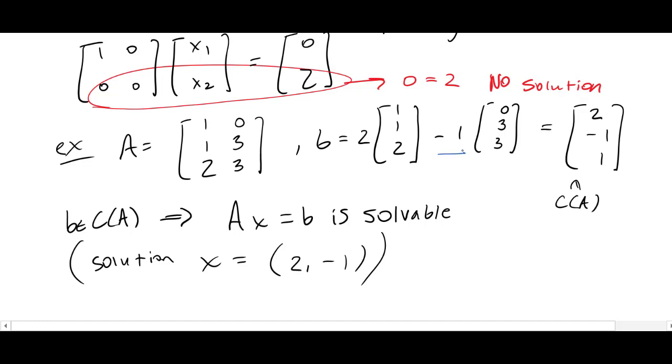I was just taking some random linear combination, just to give an example of something that's in the column space. If you have a vector that's in the column space, then you can solve this system Ax equals b. Gotcha. Do we have to define that 2 and negative 1? Well, obviously they're all elements of the system.